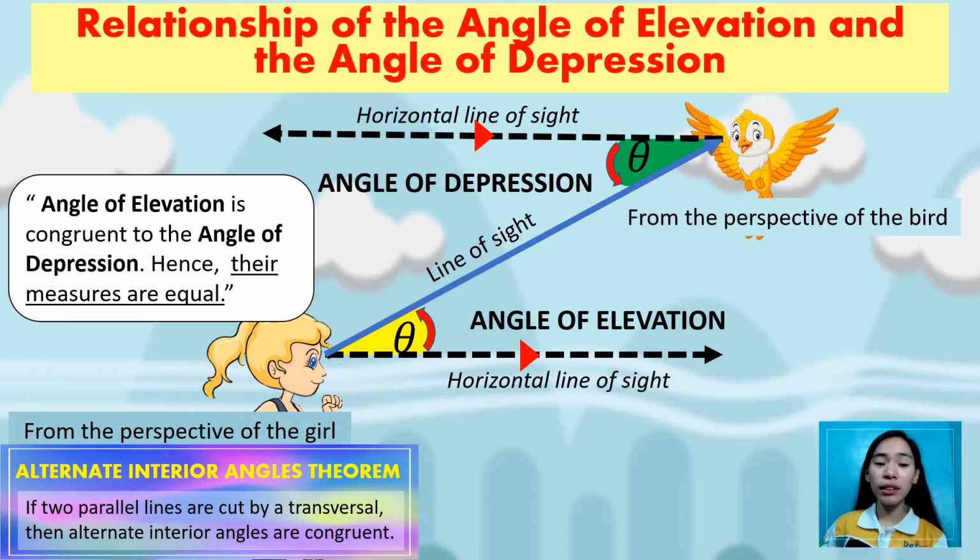Remember the alternate interior angle theorem. The two horizontal lines are parallel, and they are cut by a transversal, which is the line of sight. Therefore, we can say that their measures are equal.